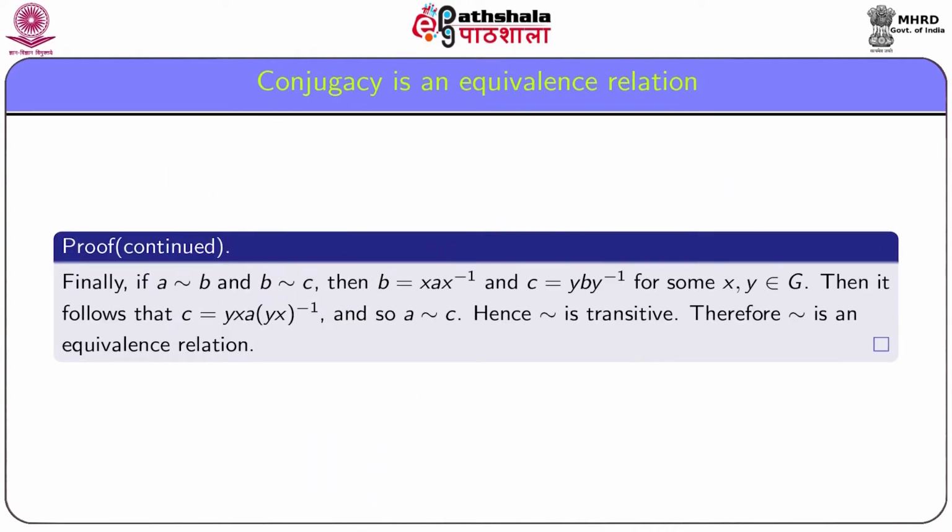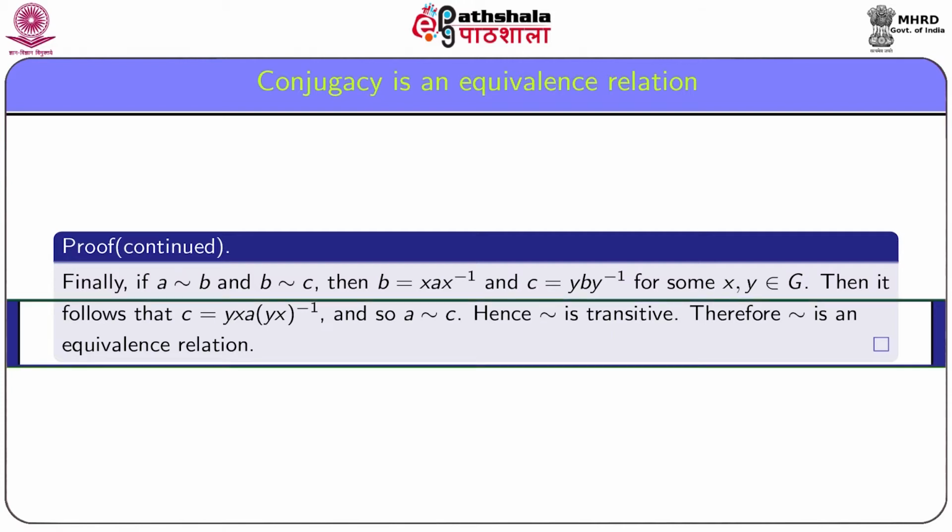Now to prove that the relation rho is transitive, consider A rho B and B rho C. Then we have two elements x, y in G such that B equal to x A x inverse and C is equal to y B y inverse.